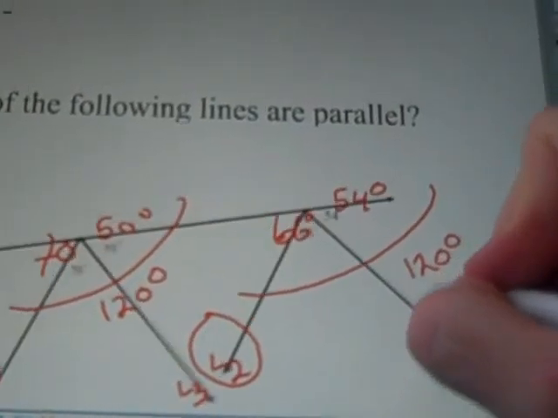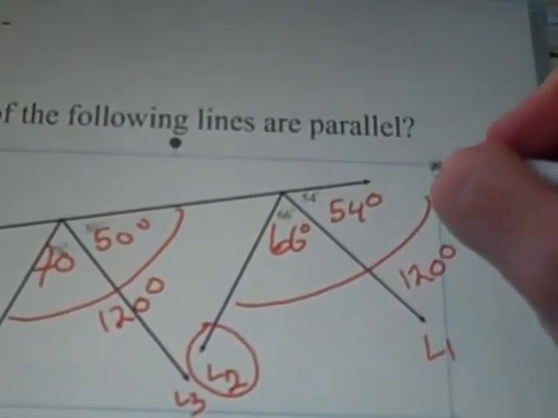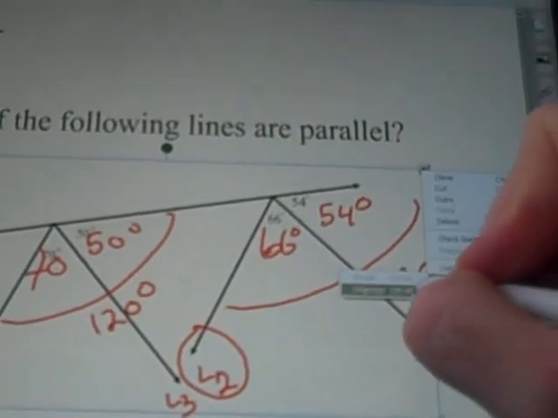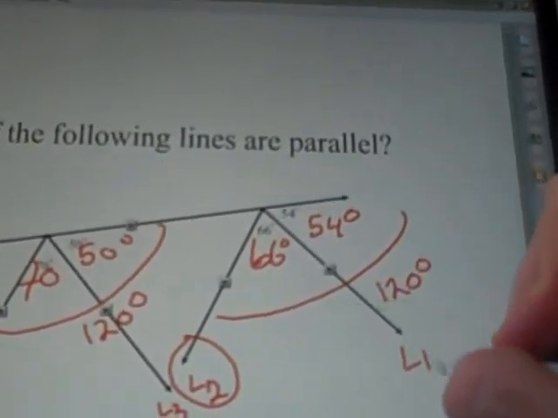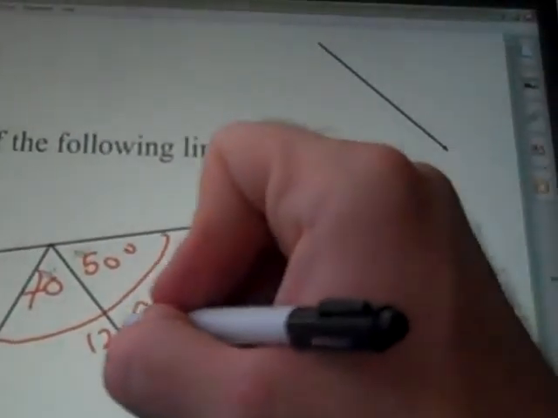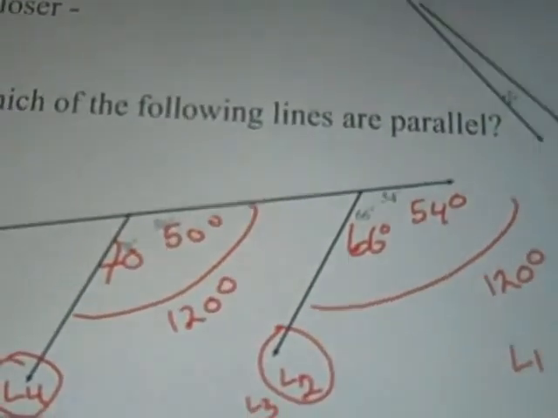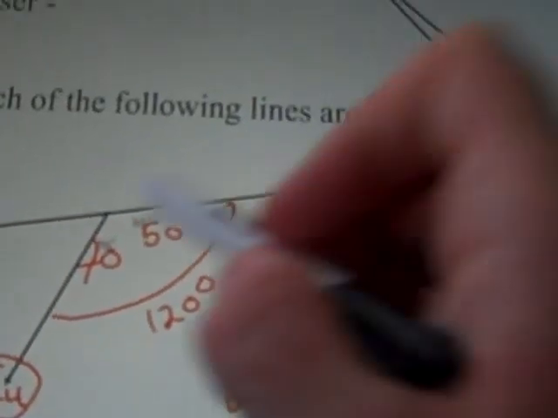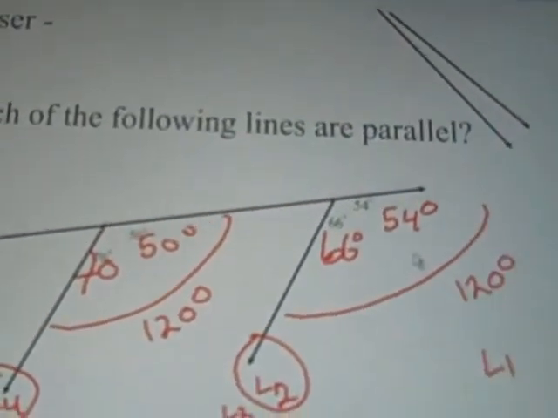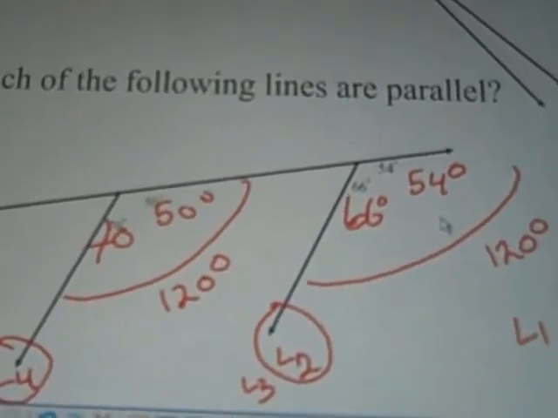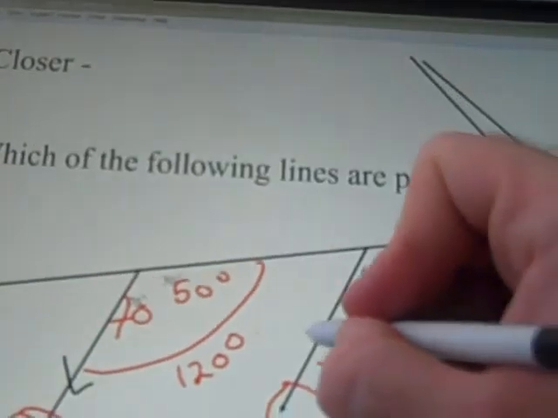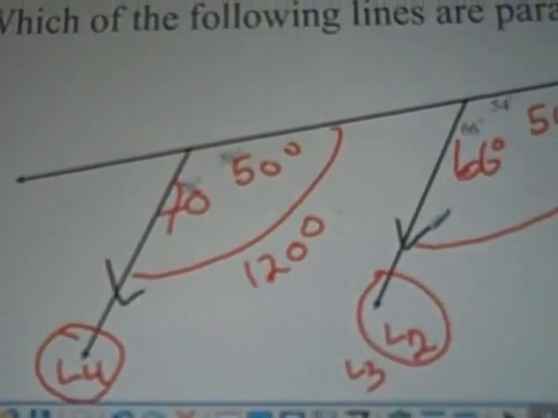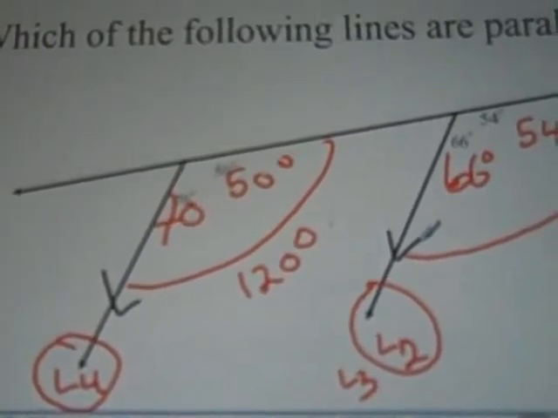What you've got when I take this away, okay, if I move this and this, you have corresponding angles, guys. Lower right, both equaling 120 degrees. Therefore, because we can show our corresponding angles are congruent, those two lines must be parallel.